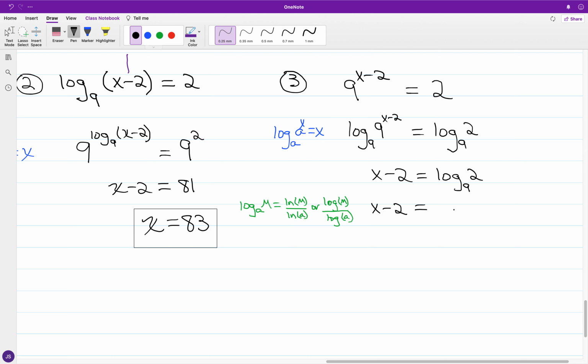And so we have a at 9 and m at 2. So we have natural logarithms where m is 2 and a is 9, and the natural logarithm of 2 over the natural logarithm of 9.